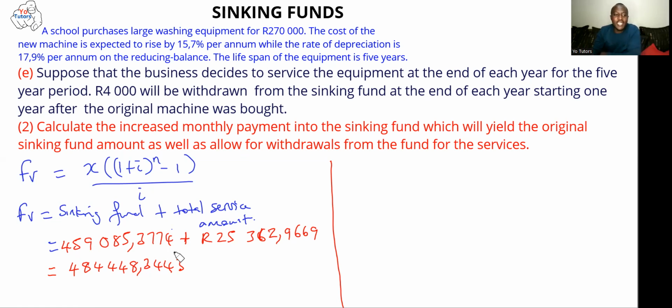So what do we do now? Again, we come back and say, okay, what is our X now? What is our new monthly payment, so that we can cater for both buying a new machine and servicing the machine? Now this is going to be X. Remember from our formula, it's FV times i all over (1 plus i) to the power of n minus 1. Okay, let's substitute there.